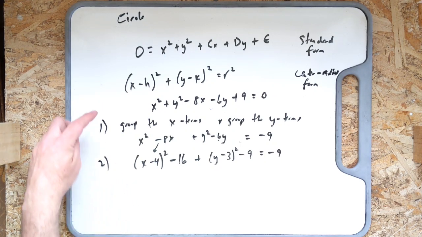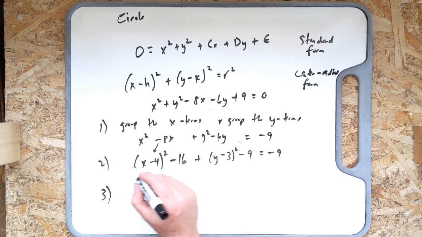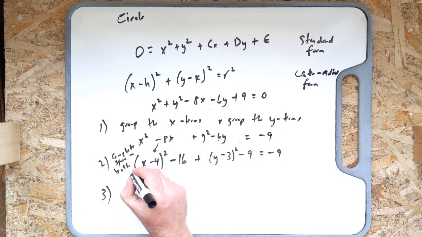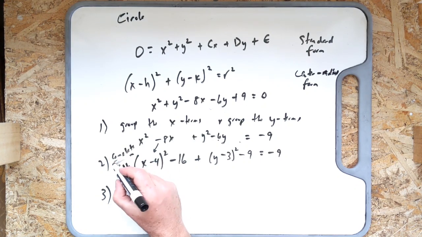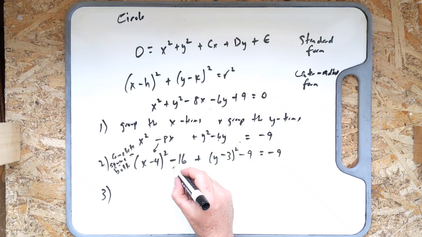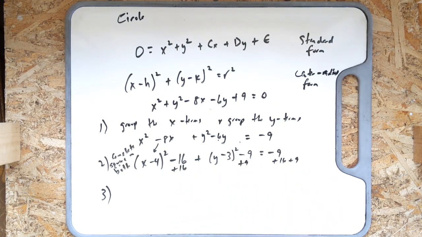We're close now to this form. Now what we finally do is, so this is complete square on both. It doesn't even look like square at all. Okay, and now I'm going to put all these numbers on the other side. So I'm going to add 16 and add 9, and over here I'm going to add 16 and add 9.